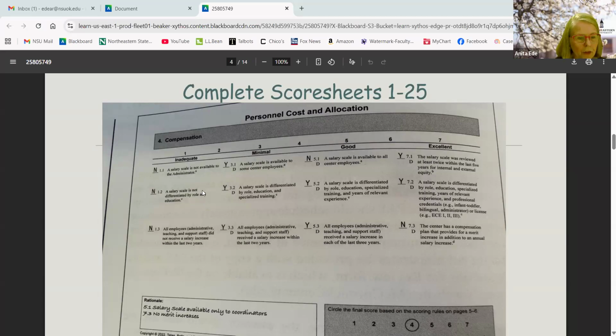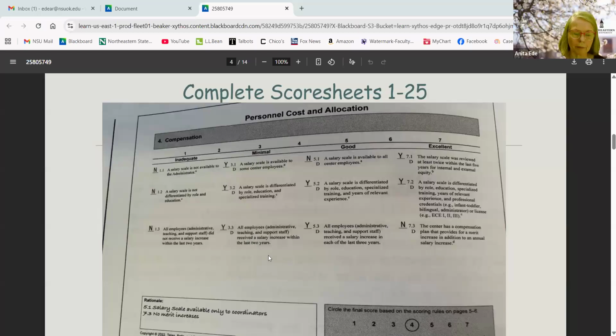If it is present, then the not differentiated would not be true. And then down here, the same thing. If you have a yes here for these, then these would be Ns, because these are the exact opposites. You see what I mean?